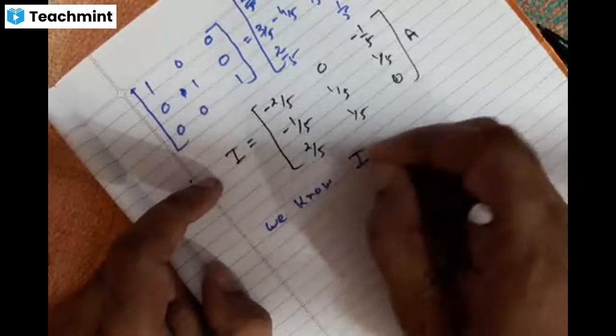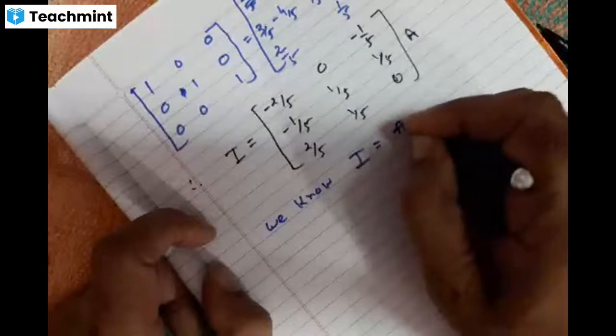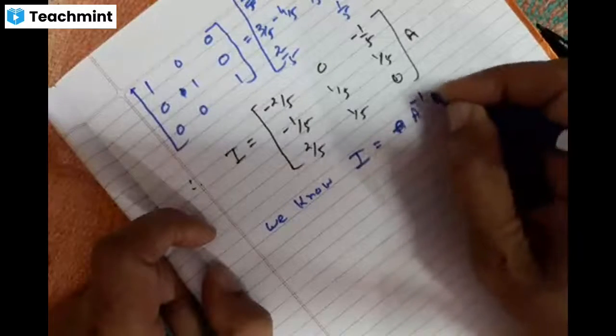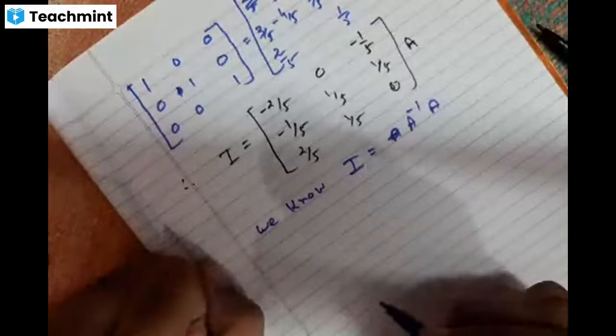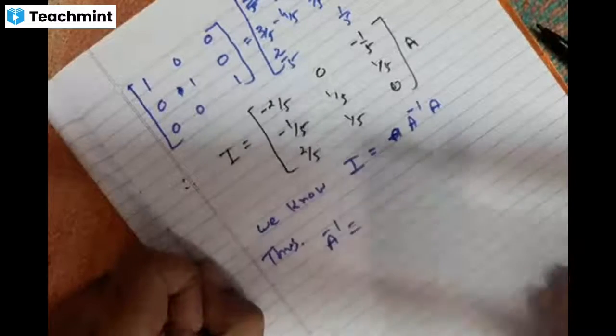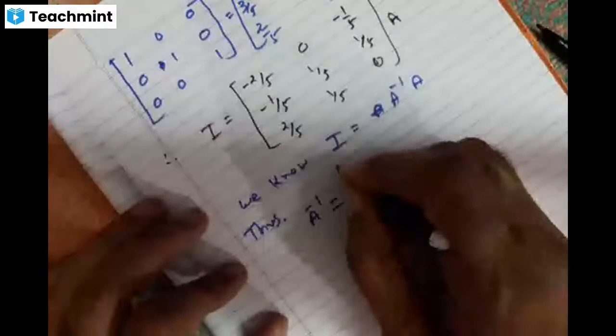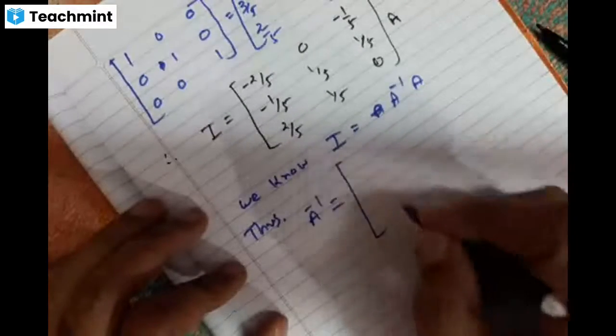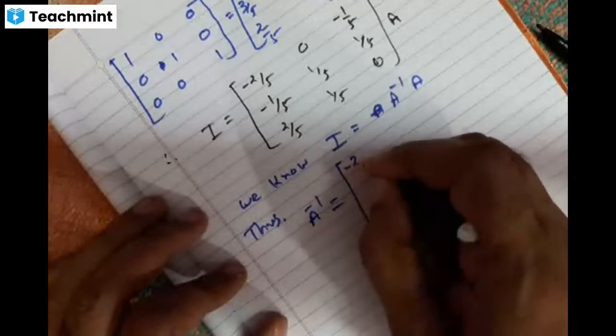We know that I is always A inverse A. A inverse A is equal to I, that we know, and therefore finally you get the answer A inverse. We have already derived the answer, so you have to write down a final answer here.